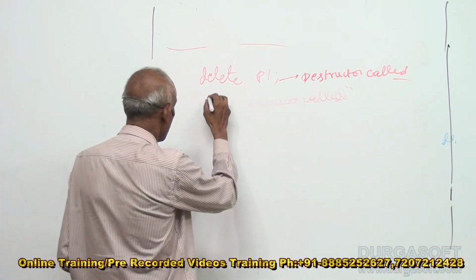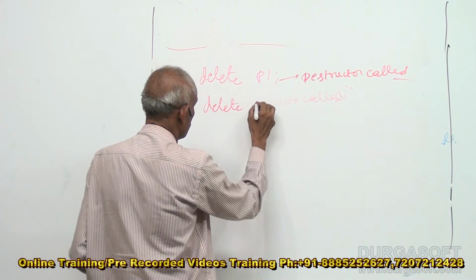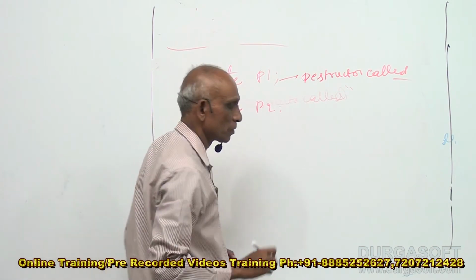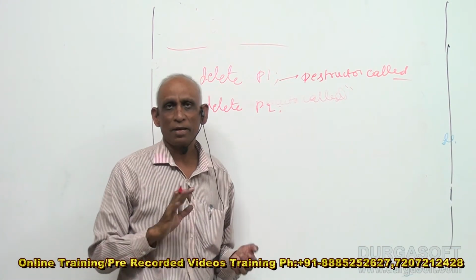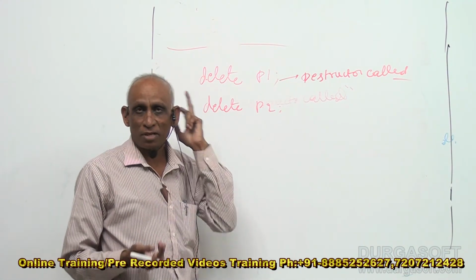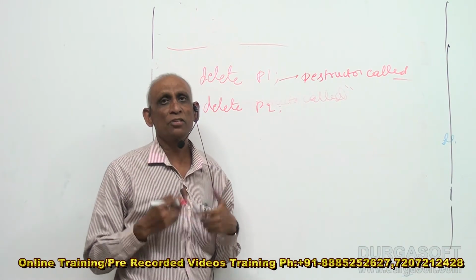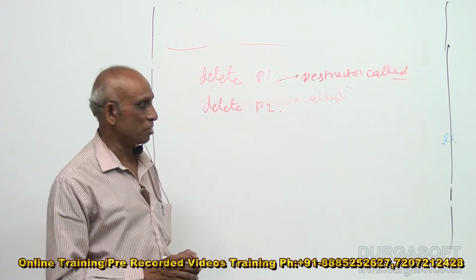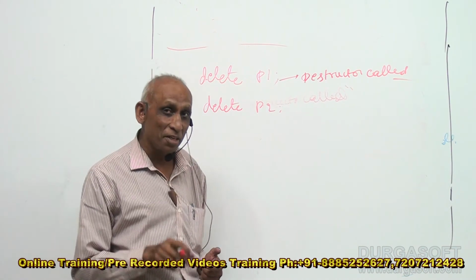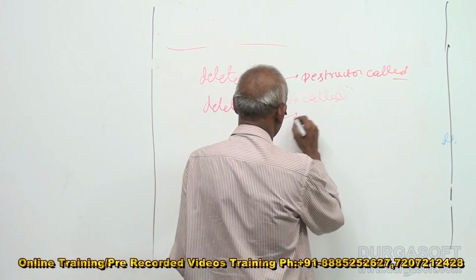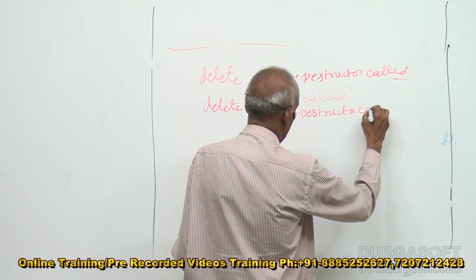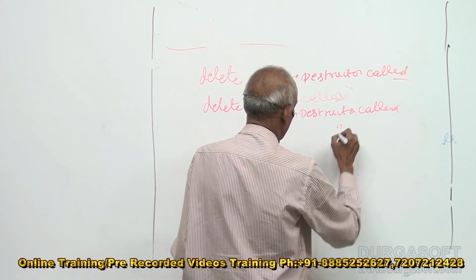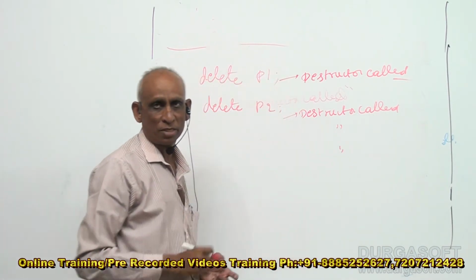Now when I say delete array P2, then the array is deleted. There are 3 objects in that, they are deleted. If 3 objects are deleted, the destructor is called 3 times. For all the 3 objects, the destructor is called. So we get the message here, destructor call, 3 times for the 3 objects.